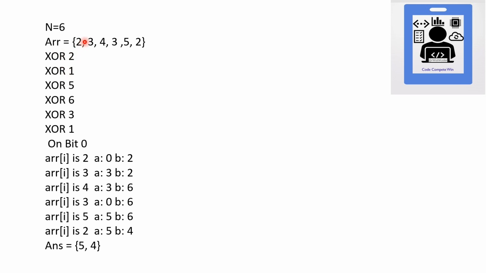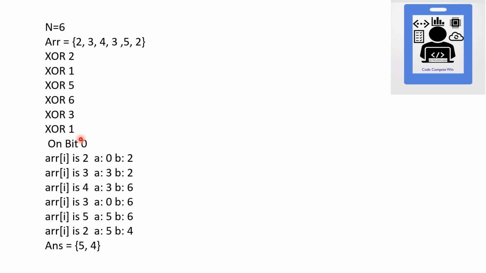At the 0th index the element is 2, so XOR of 0 and 2 is 2, and then 2 and 3 XOR is 1, and again 1 and 4 XOR is 5, 5 and 3 XOR is 6, and 6 and 5 XOR is 3, 3 and 2 XOR is 1.